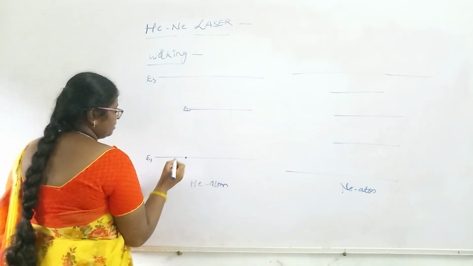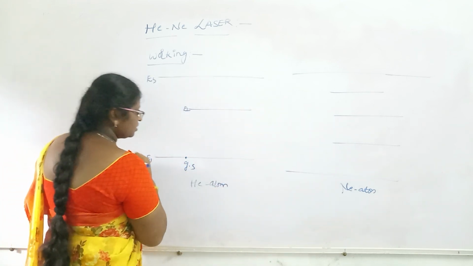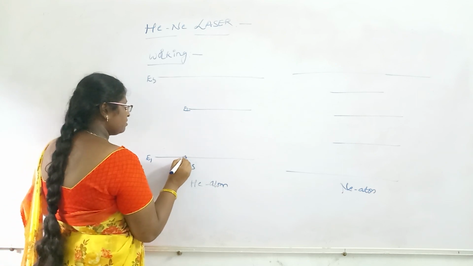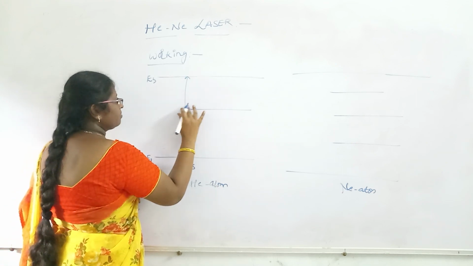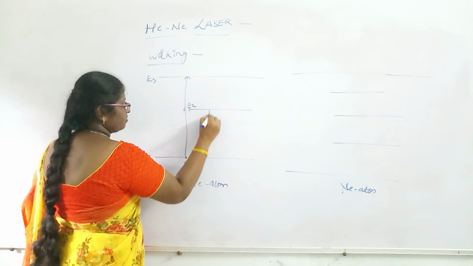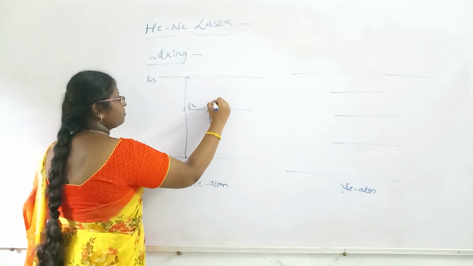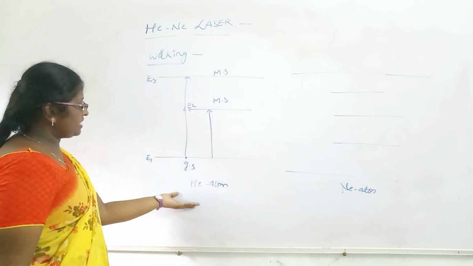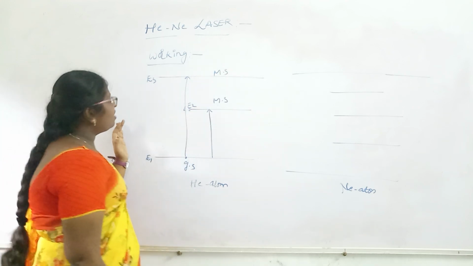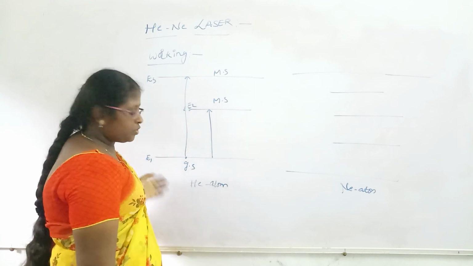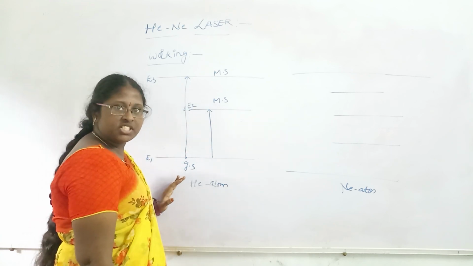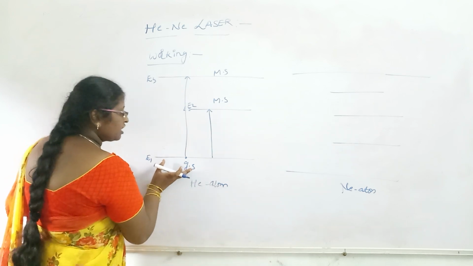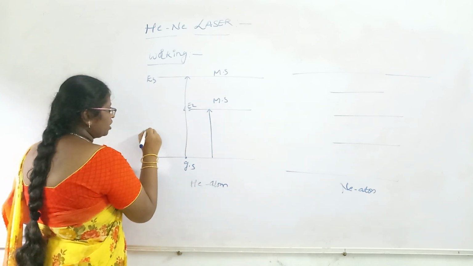First, the helium atoms are in the ground state. First we discuss the helium atom. When the RF generator supplies a certain frequency, the particles in the ground state are accelerated through collision.